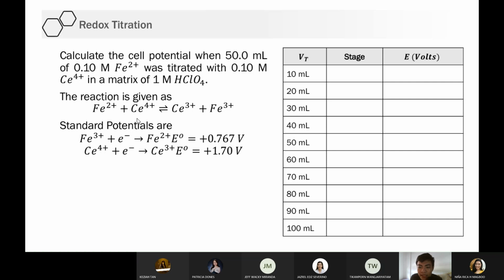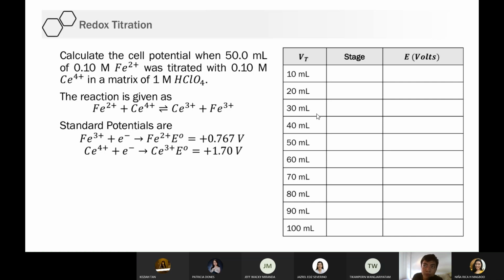So in any titration process, you have to know the stages. You have to know what stage this volume corresponds to, because depending on what stage you are in, there is a corresponding equation for that.